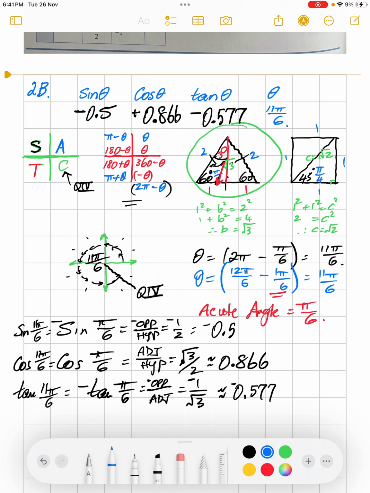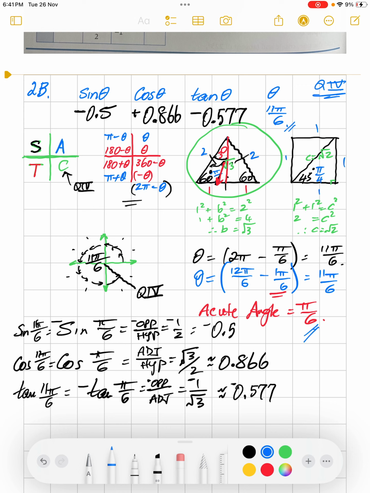Okay, there it is. Notice sine is negative because it's quadrant 4. Notice cos is positive because it's quadrant 4. Notice tan is negative because it's quadrant 4. And realize we found out that 11 pi over 6 has an acute angle of pi over 6.